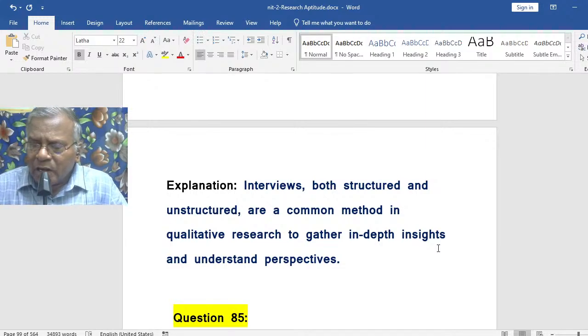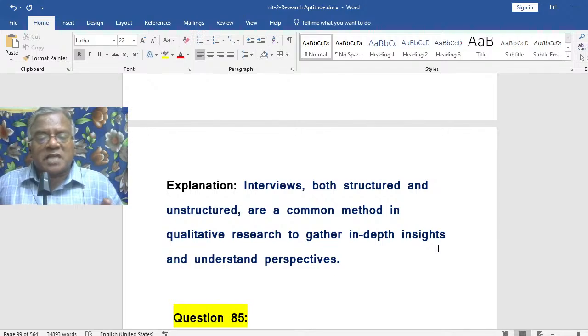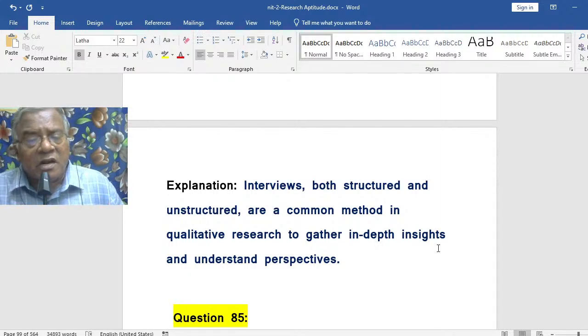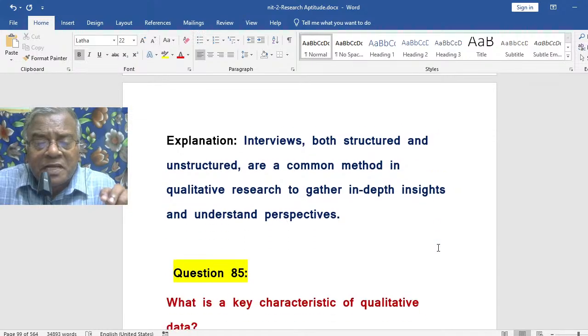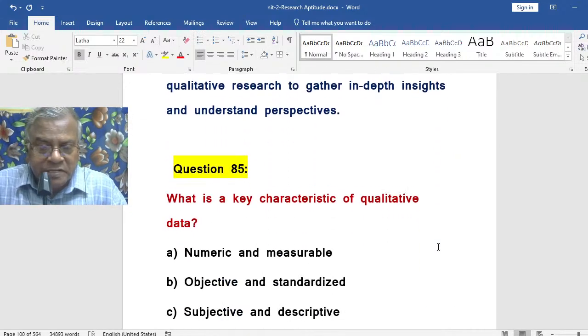Given the personality of the person or the group, then and there you give certain questions in the interview. Then it is an unstructured interview. So interviews, both structured and unstructured, are a common method in qualitative research to gather in-depth insights and understand perspectives.